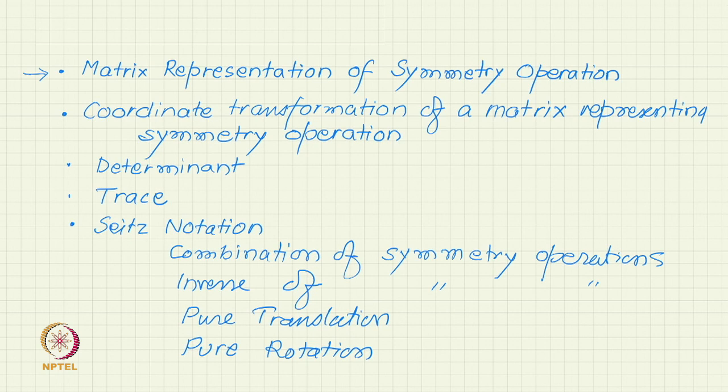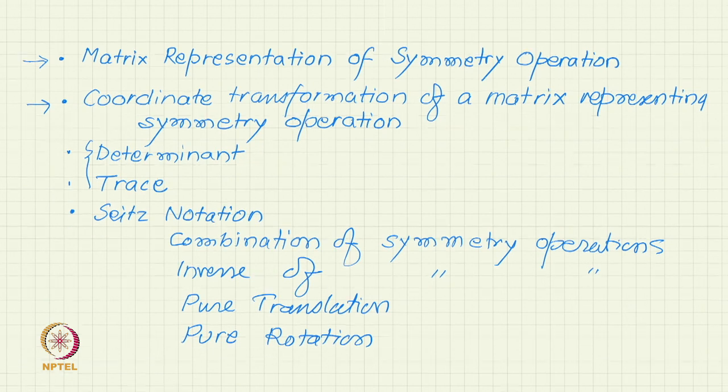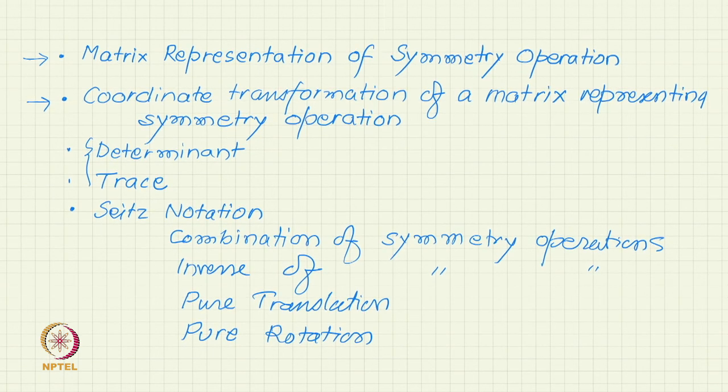It will also transform during a coordinate transformation, and how it behaves under coordinate transformation we will look at in this second point. Then the determinant and trace of the symmetry matrix will also be important, and finally we will introduce an interesting notation called Seitz notation for the symmetry operation. So, let us look at them one by one.